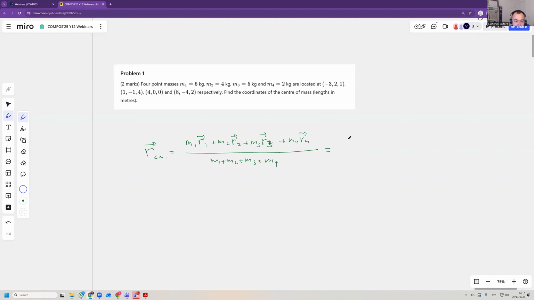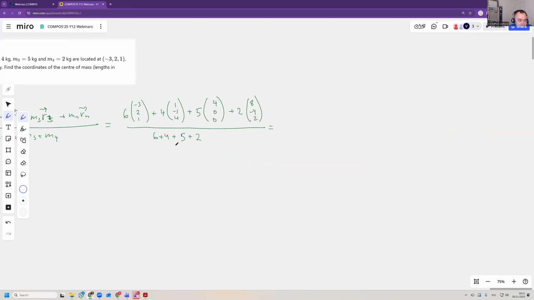M1 is 6, multiplied by the position R1, which is (-3, 2, 1), plus 4 multiplied by (1, -1, 4), plus M3, which is 5, multiplied by (4, 0, 0), and plus M4, which is 2, multiplied by (8, -4, 2), all over 6 plus 4 plus 5 plus 2, which is 17.